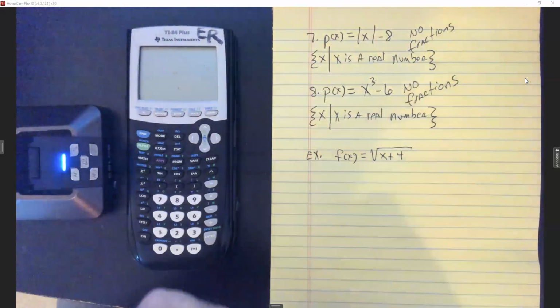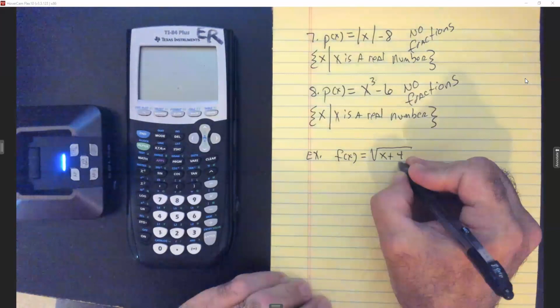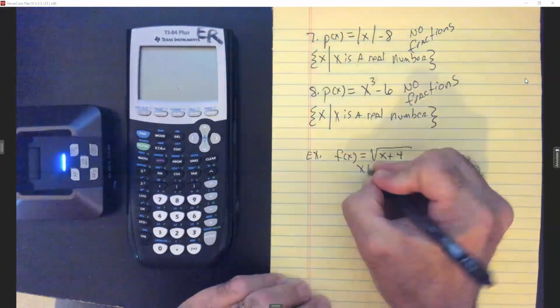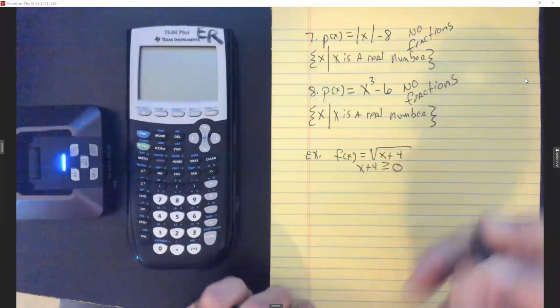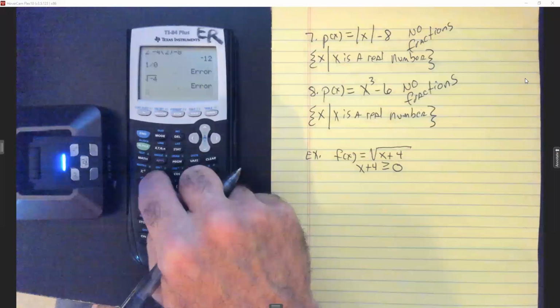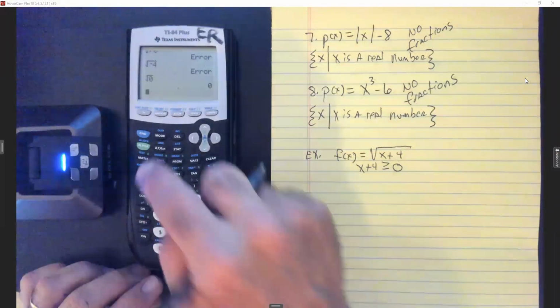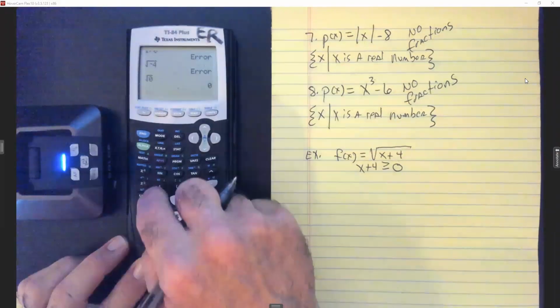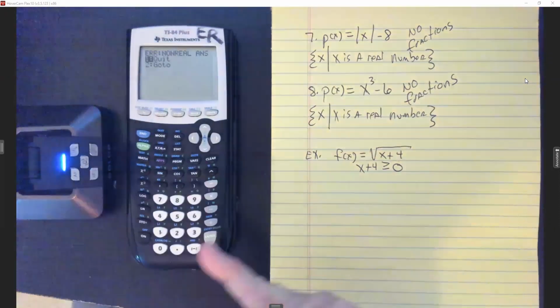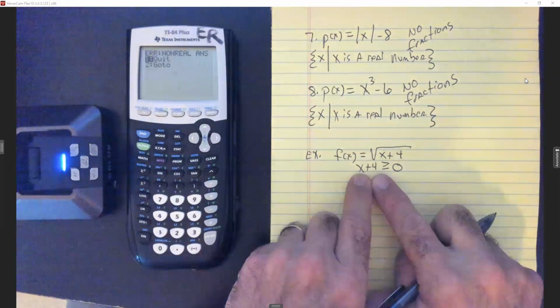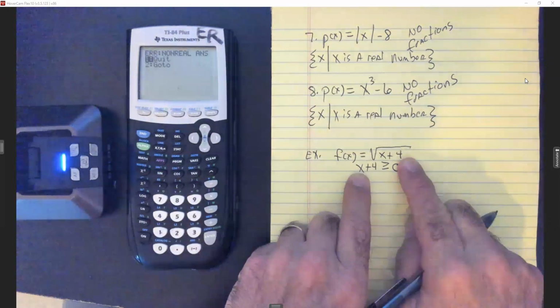So what that means on these problems, you would take the x plus 4, and it would have to be greater than or equal to 0. Because see, over here, my calculator can do a square root of a 0 and get 0. But as soon as I try to take a square root of a -1, I'm going to get an error. So we got to make sure that whatever's under here is equal to or greater than 0.